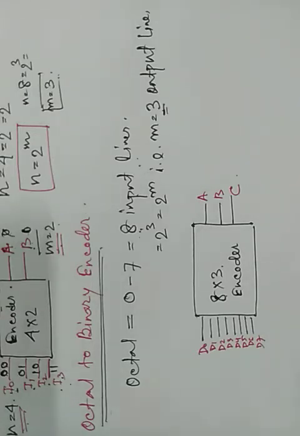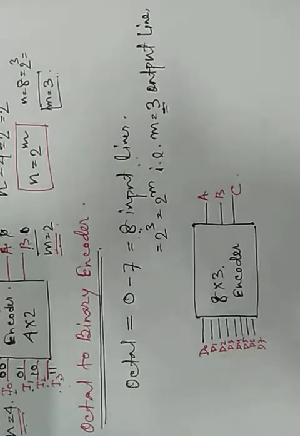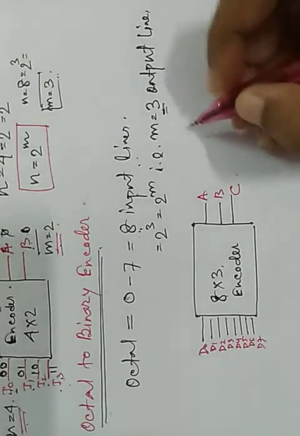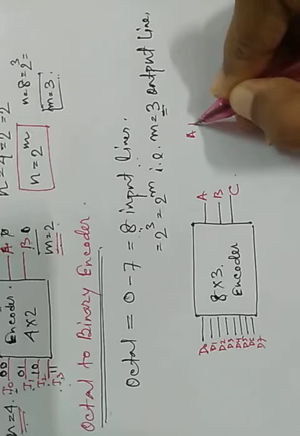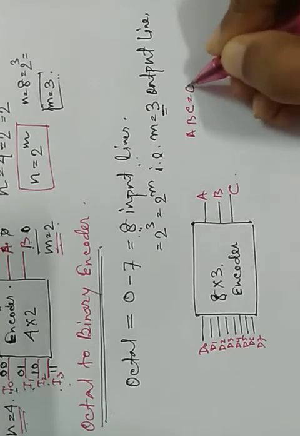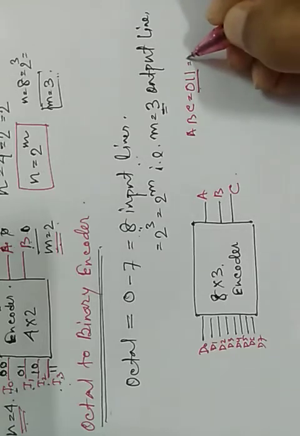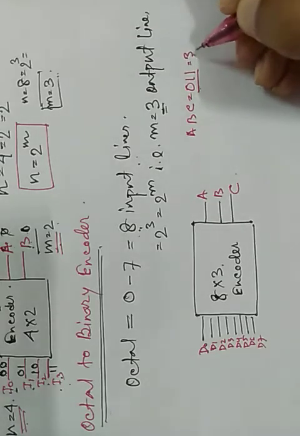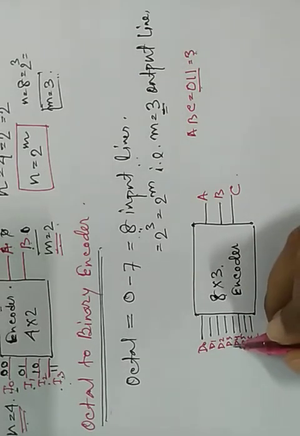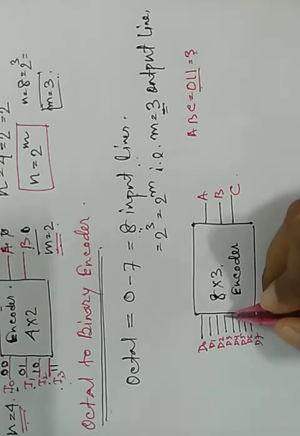Okay, now let us draw the truth table. Now one thing is that, when the value of A, B, C equals, suppose, 0, 1, 1, we know from our truth table this is the value 3, that means D3 will be selected.